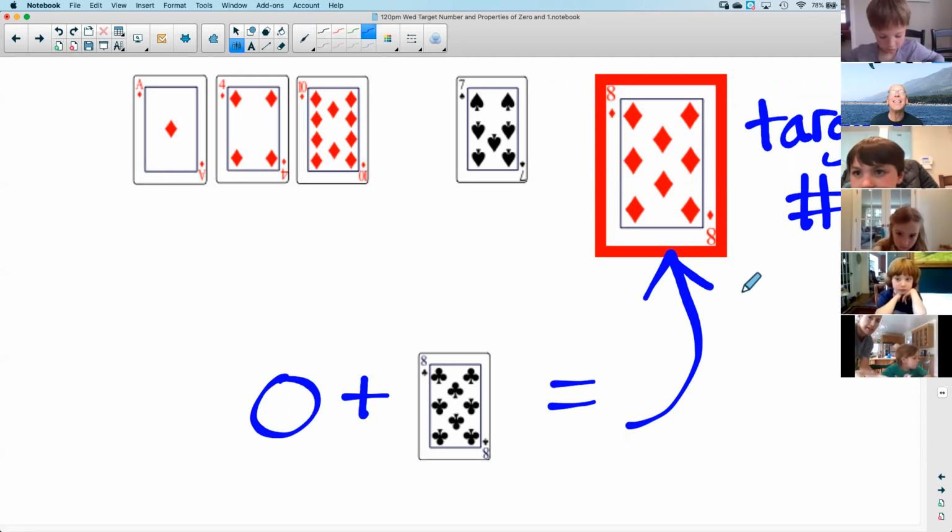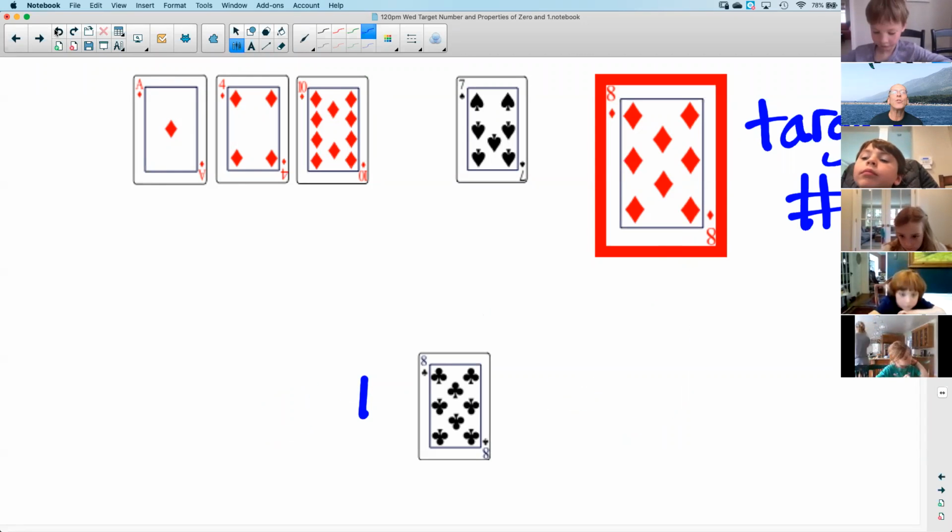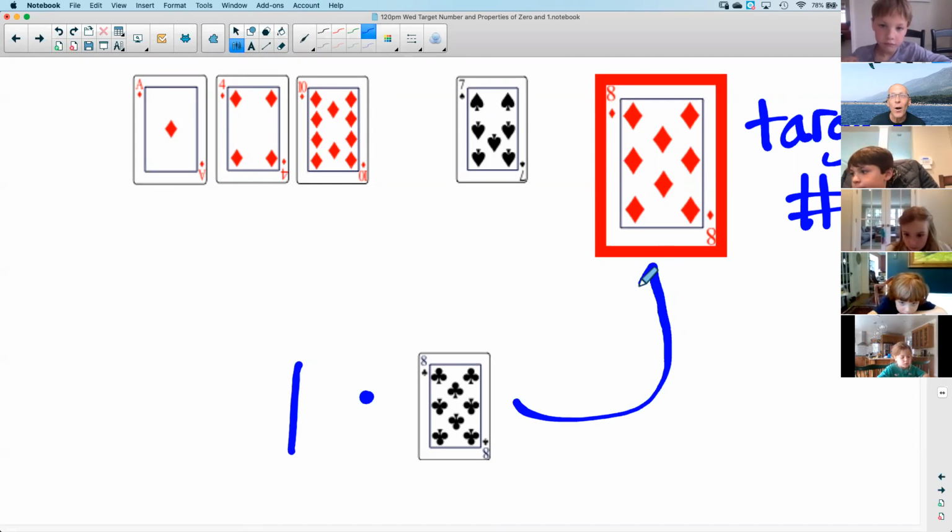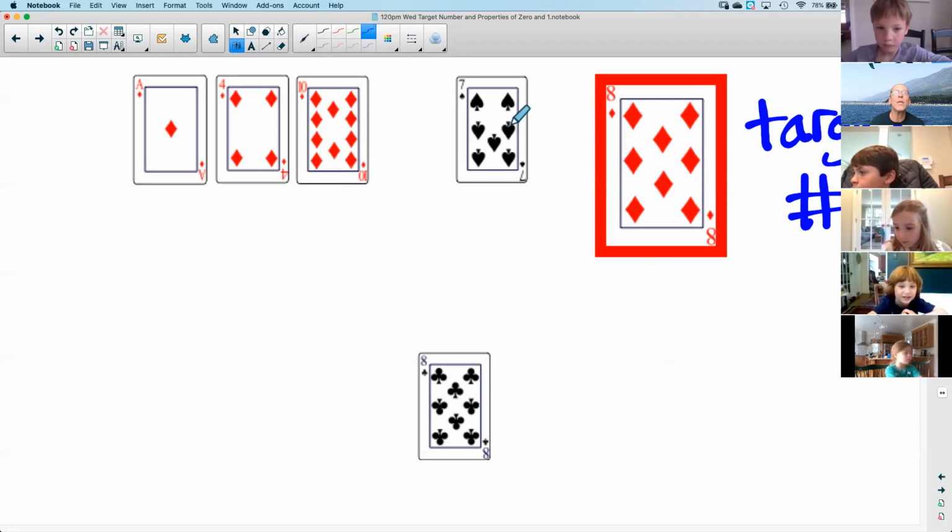Yes. What if we were able to multiply 8 by 1? Would we get our target number? Yes, you would. So guess what, guys? All I have to do is make 0 or 1 out of these cards.